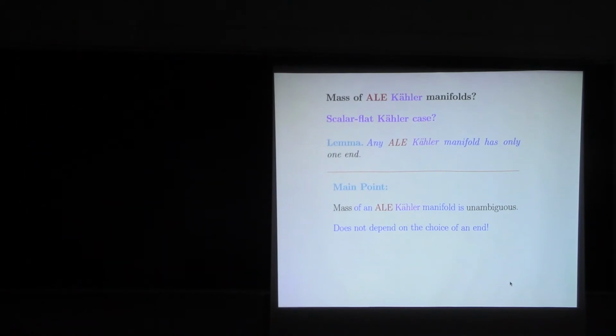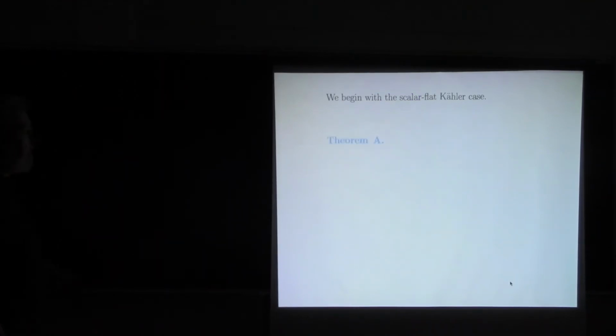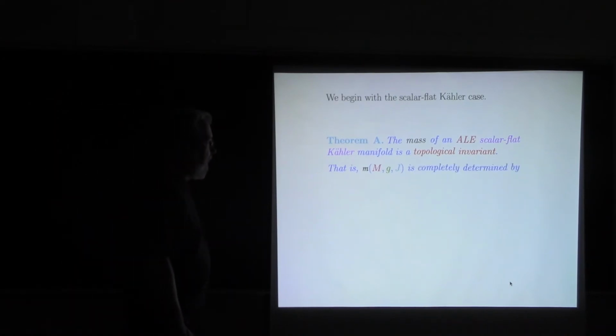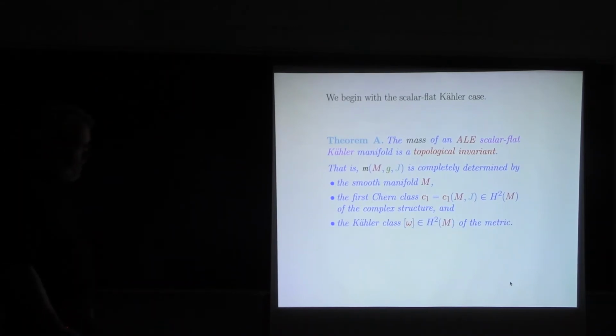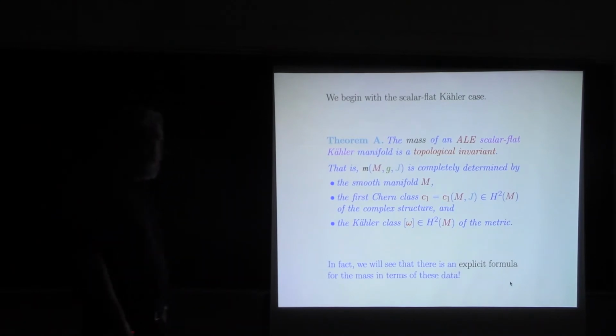So the mass of an ALE Kaehler manifold is an unambiguous invariant of the manifold. And in the scalar flat Kaehler case, the main theorem is the following. The mass of an ALE scalar flat Kaehler manifold is actually a topological invariant. It's completely determined by the smooth manifold, by the first Chern class in the second cohomology, and by the Kaehler class in the second cohomology.